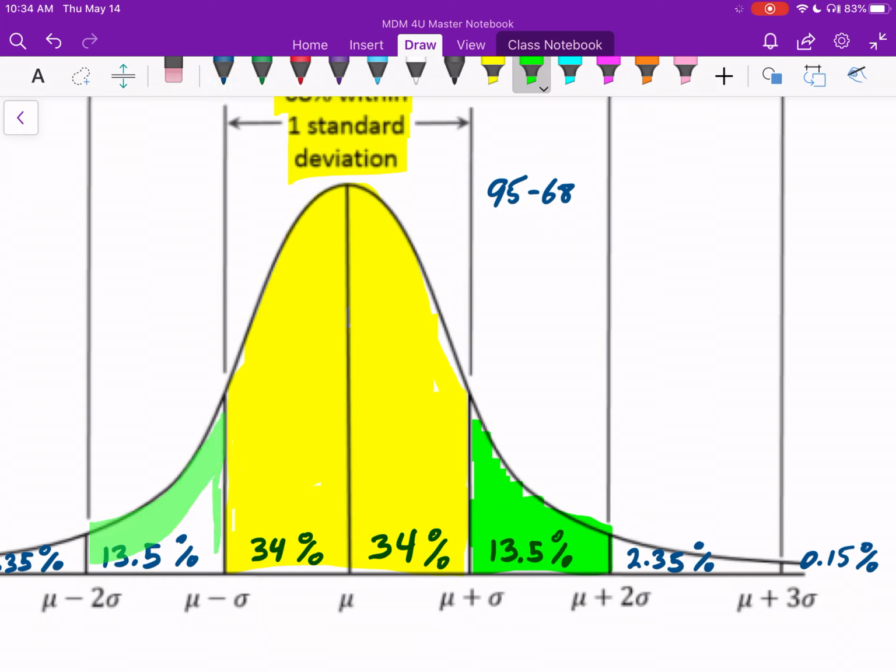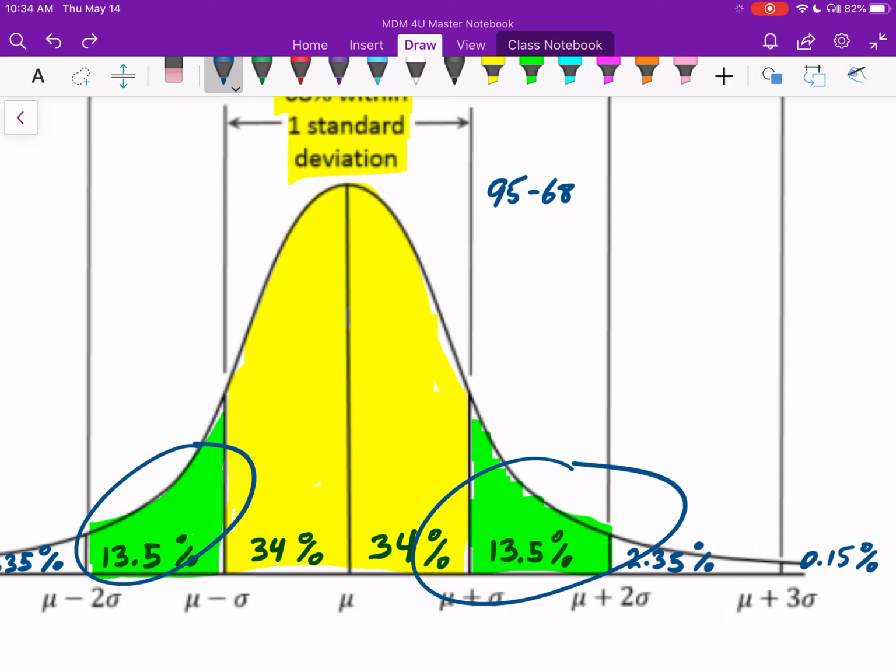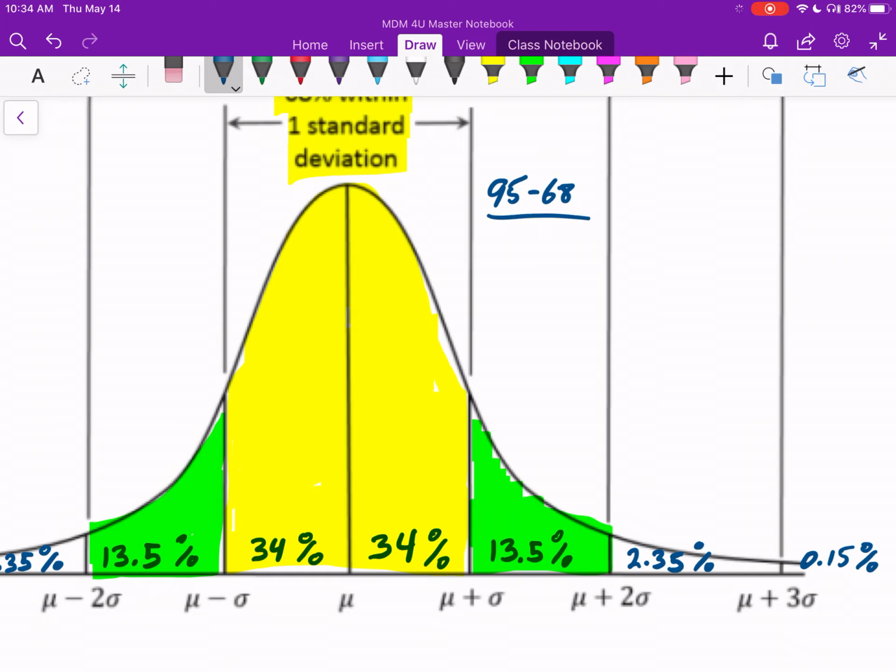So 95 minus 68 equals 27. But then we have to divide it in two because half of it goes here and half of it goes here. So overall, if we subtract and divide by 2, that's where 13.5 comes from. And then the other 13.5 again is off to the left.